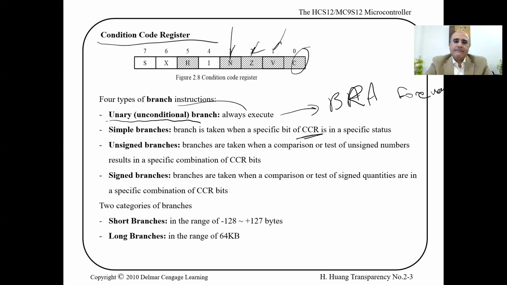Okay. Unsigned branches are taken when a comparison or test results in a specific combination of CCR bits; multiple bits are affected. Signed branches, we're going to look at specific instructions in the table. Signed branches check the sign bit, which is the N bit. Okay.